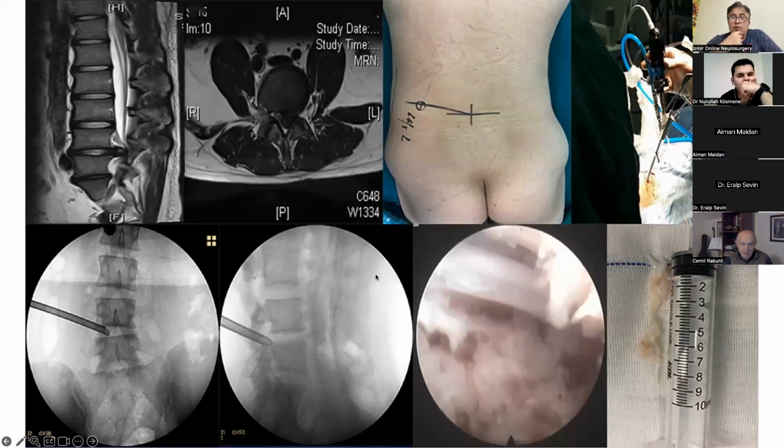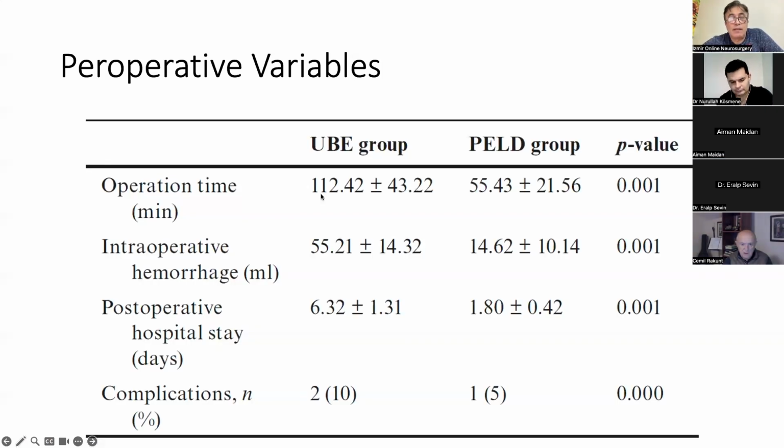Uniportal endoscopy was performed using the transforaminal technique. This study found a significant difference between operation times, intraoperative bleeding, and postoperative hospitalization times, all in favor of transforaminal endoscopy.